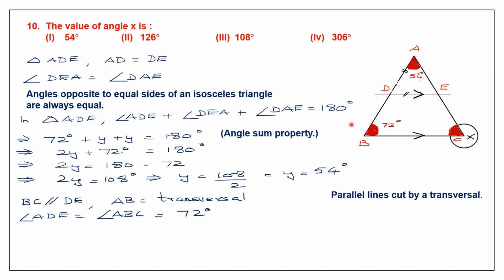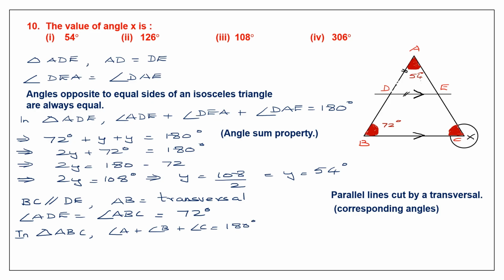So now in triangle ABC, these three angles in red will add up to 180 degrees. We already have 54 degrees here. Here we have 72. We can easily find out this angle here. So let's write that. In triangle ABC, we can say that angle A plus angle B plus angle C is equal to 180 degrees.